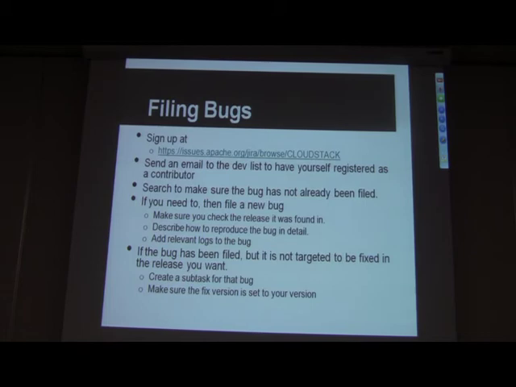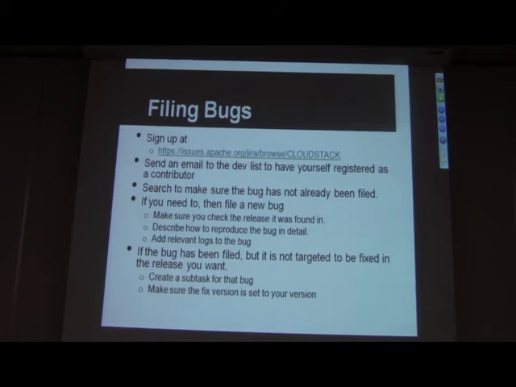Okay. So to file bugs in CloudStack, first you have to sign up on issues.apache.org, Jira, and browse CloudStack. Then you should send an email to the dev list saying, I signed up and I would like to be a contributor to CloudStack.